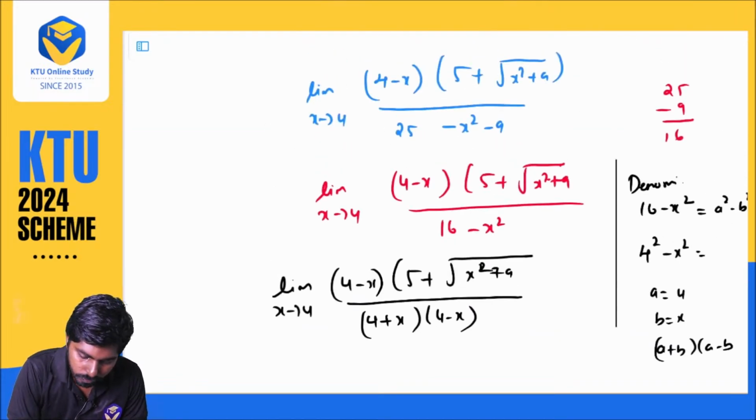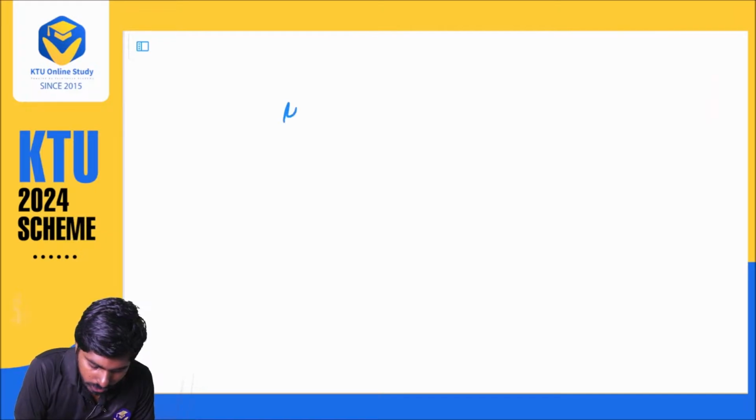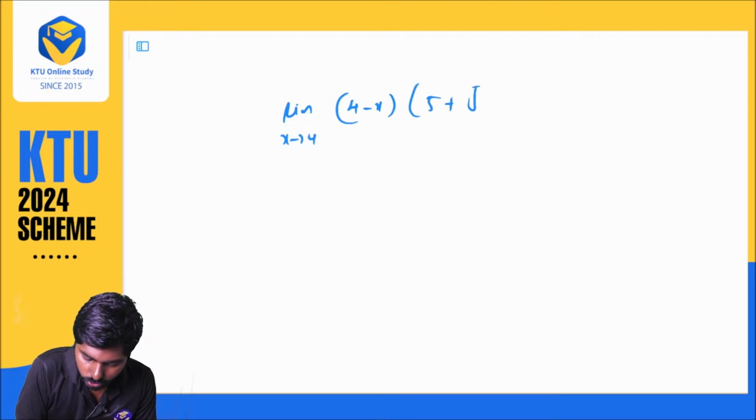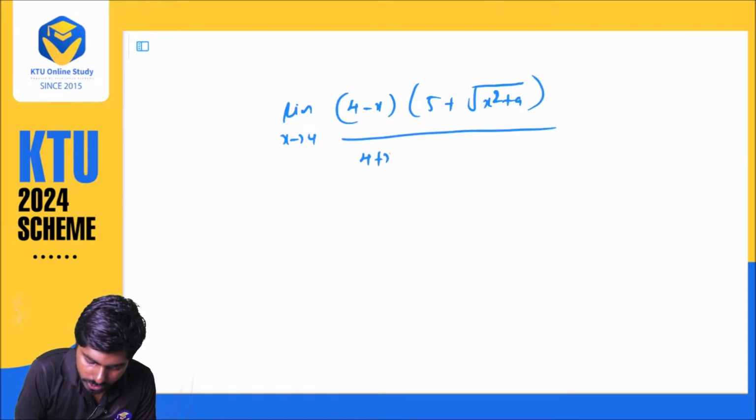So now we can cancel this one. Limit x approaches 4, 4 minus x into 5 plus root x square plus 9 divided by 4 plus x into 4 minus x. So we can cancel this 4 minus x, 4 minus x.